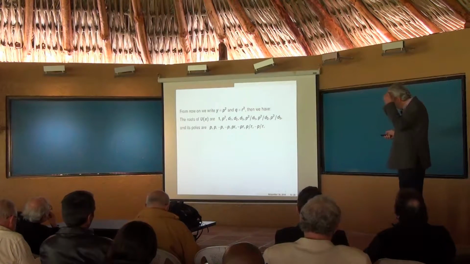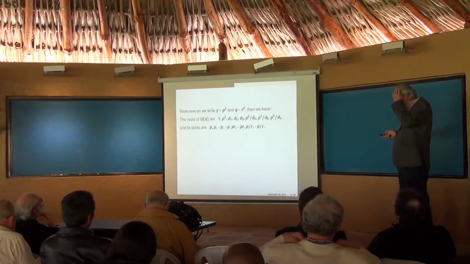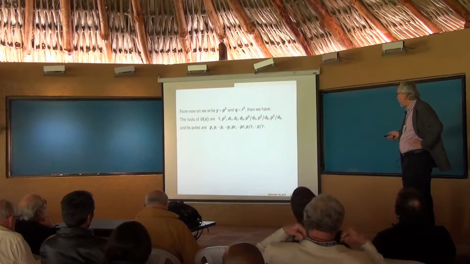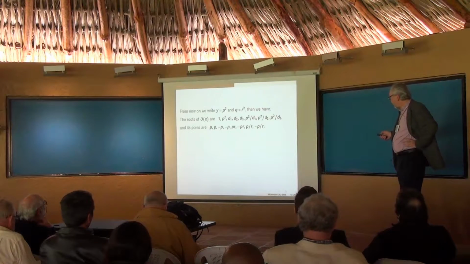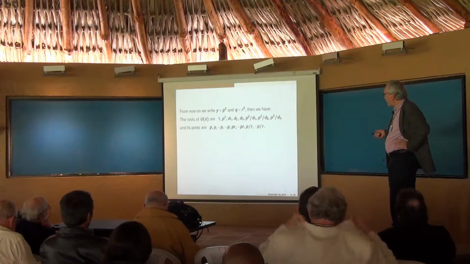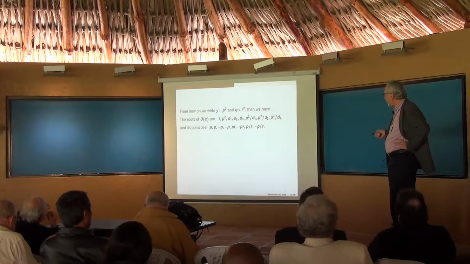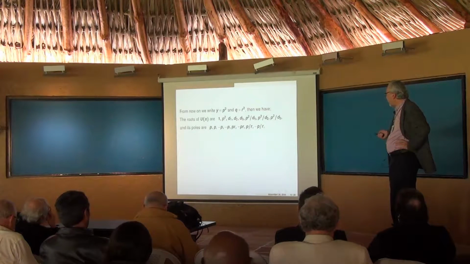Okay, so let's say a few things about the rational functions. It's convenient to represent the parameter y as the square of something, as p squared, and q as the square of r.